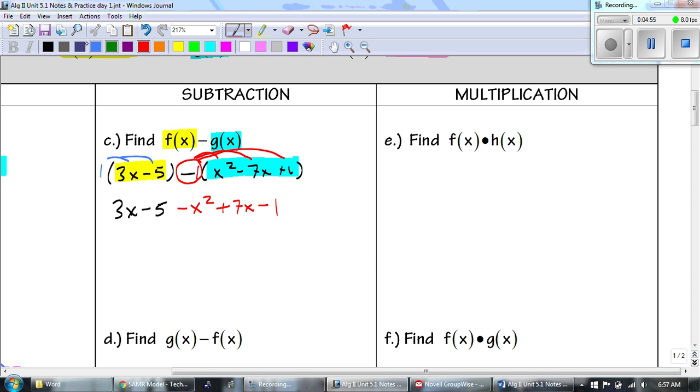Okay? And now I can combine my like terms. I have a negative x squared out front. 3x plus 7x is a positive 10x. And negative 5 minus 1, well, negative 5 minus 1 is negative 6.